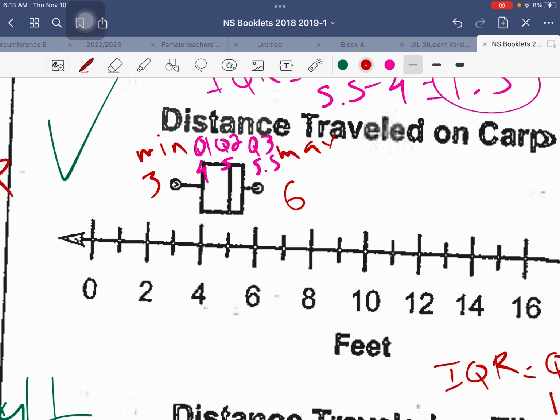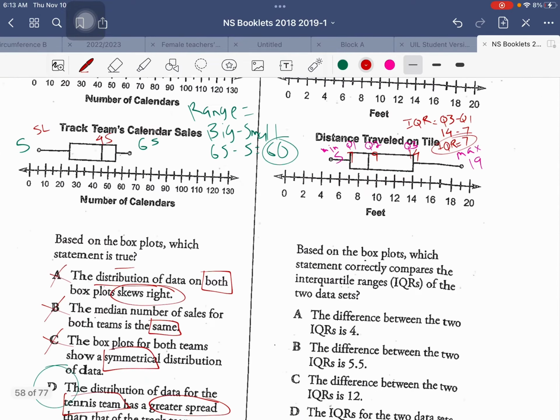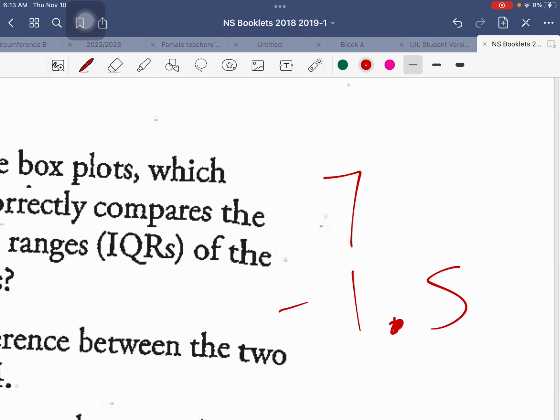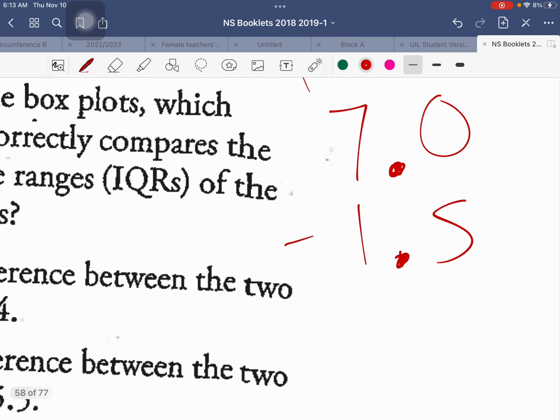So, you got both IQRs, 7 and 1.5, and I'm going to find the difference. Because of the decimal, when you're adding and subtracting, you have to have the decimals aligned.